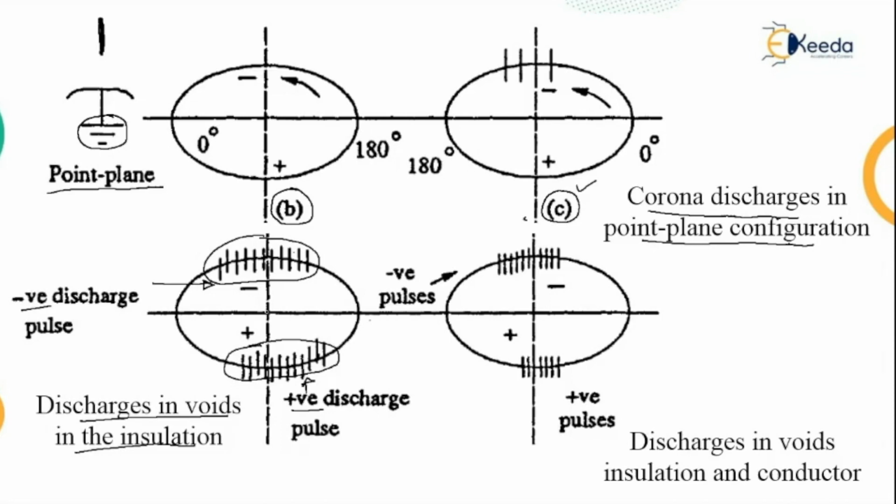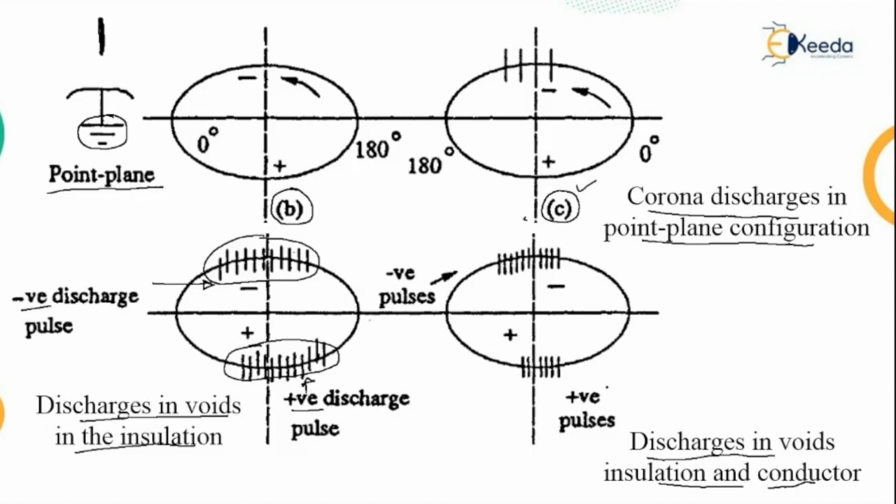A typical discharge pattern from a void bounded on one side by the insulation and the other side by the conductor is shown in this figure. So this is another figure, discharges in voids, one side with the insulation, the other side with the conductor.